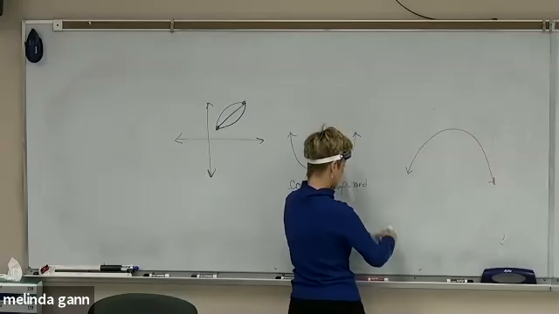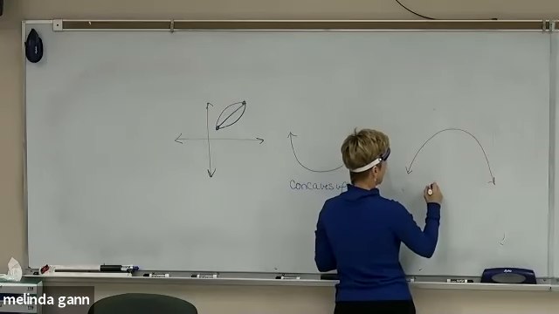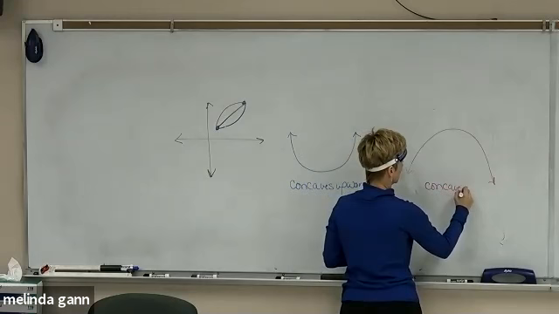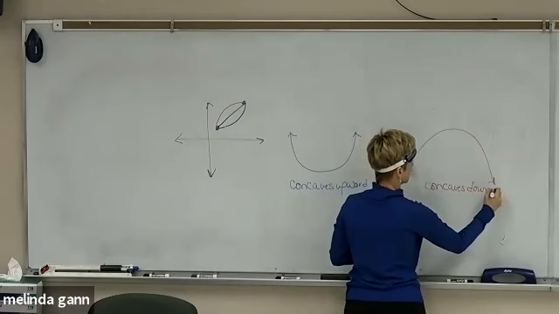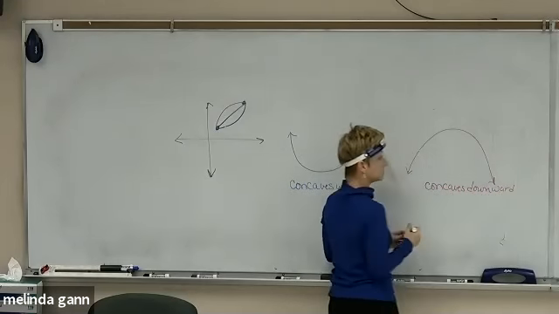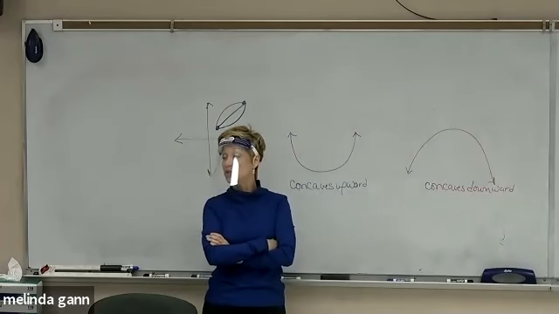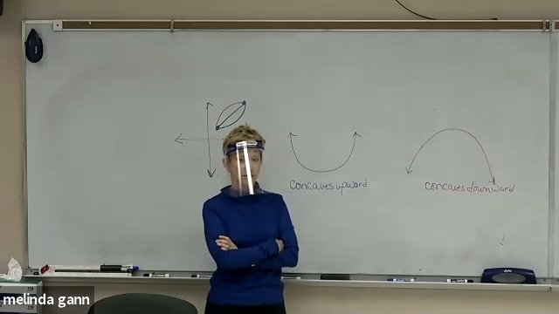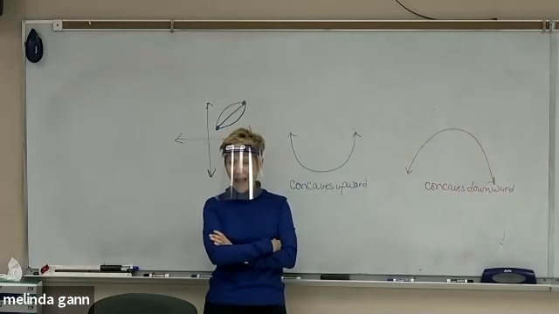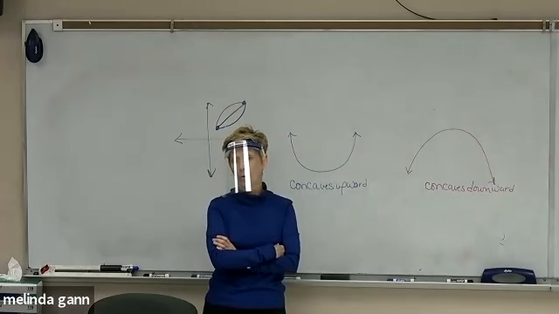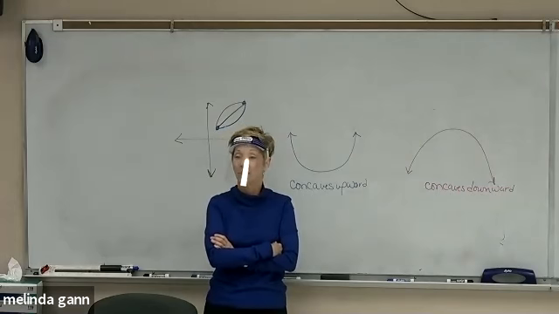And this, they would say concaves down, or downward. So tonight, instead of just asking you where it increases and decreases, they're going to ask you that. Then they're going to add, how's it cupping? Where is it cupping up? And where is it cupping down?